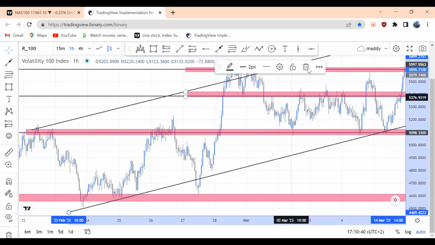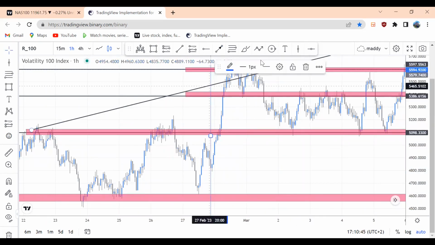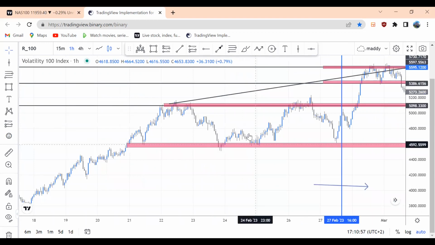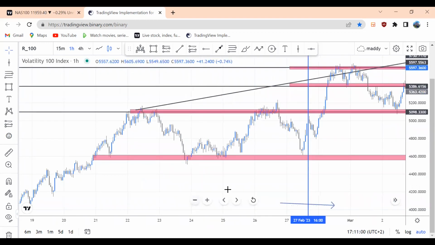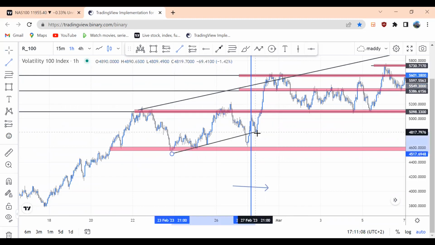So let's remove this trend line, pretending that the price is here, where we put our vertical line. As you can see, we can't really tell what the market is doing, or whether it will give us a trend line. From here, we can place a trend line from there to there, just like this.